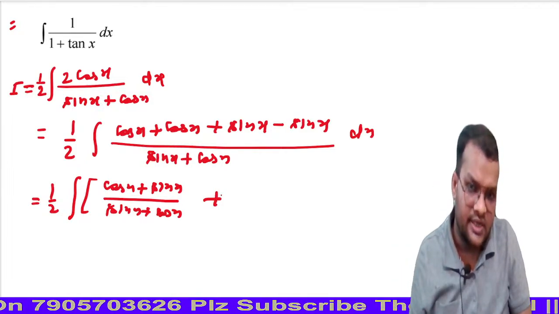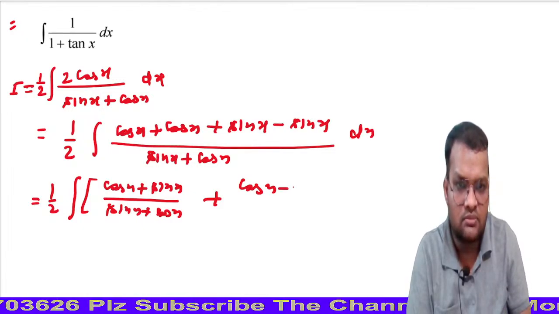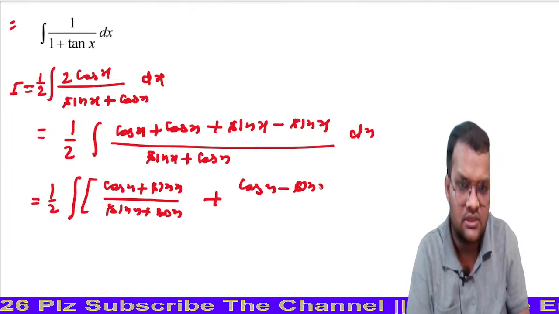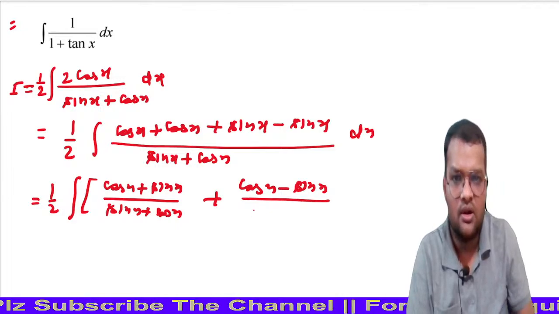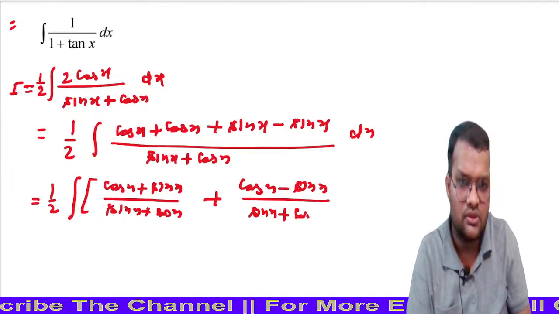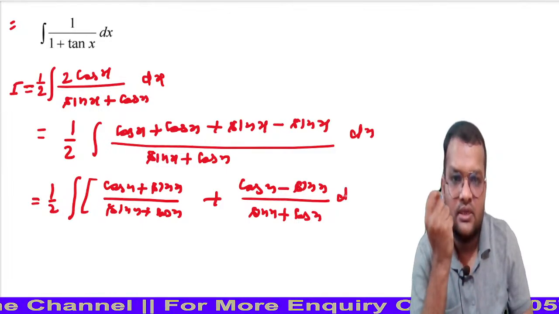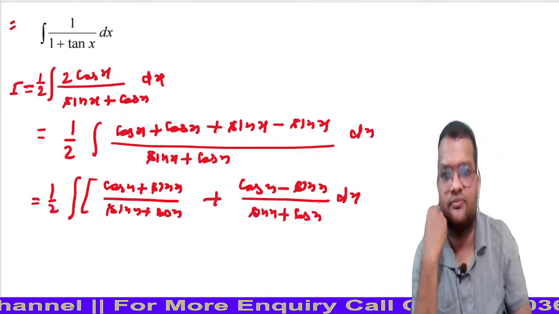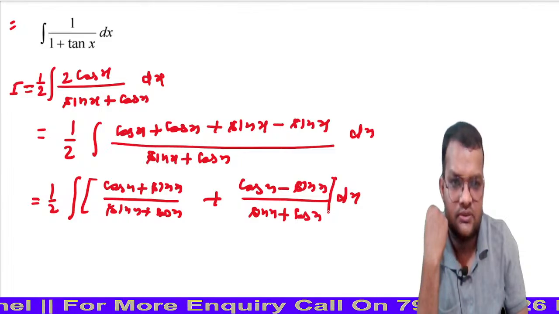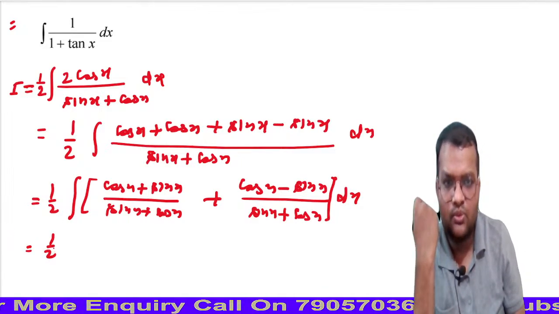Again, in the second term remains cos x minus sin x upon sin x plus cos x. Okay. Integrate dx. So the integration will be 1 upon 2.